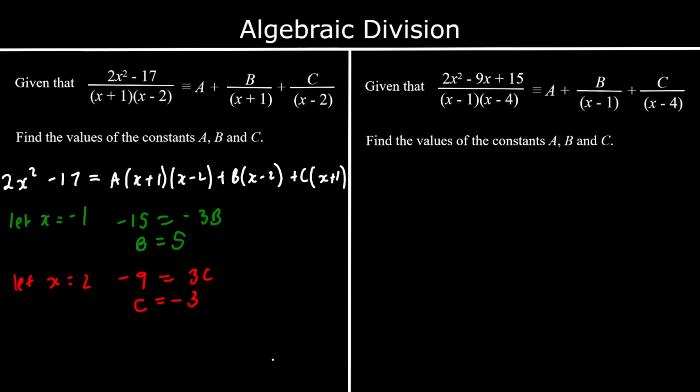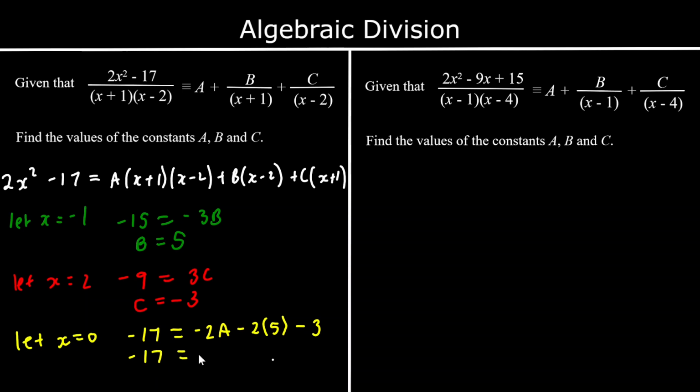And then we can just pick any number. Let's do 0. Let x equal 0. So we get negative 17 equals, so 1 times negative 2 is negative 2. So negative 2a minus 2b, which is minus 2 times 5, and 1c, which is just a negative 3.